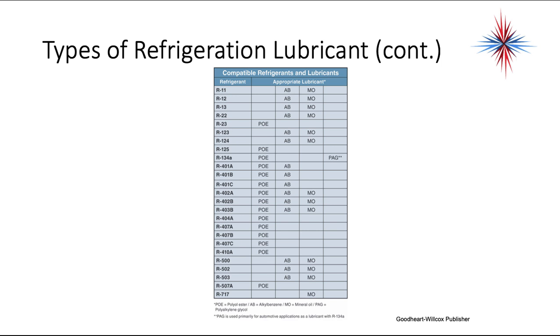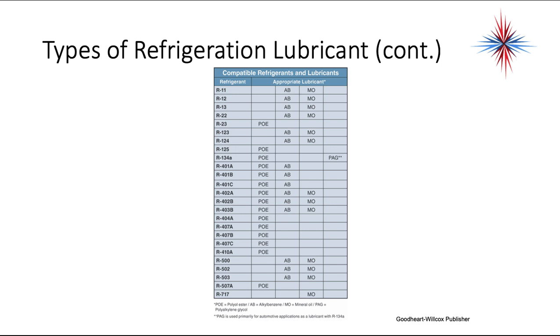So there's a chart that's available for most refrigerants that tells you what oils are appropriate for the different systems. And this is a lot of times why you cannot convert one system to another.